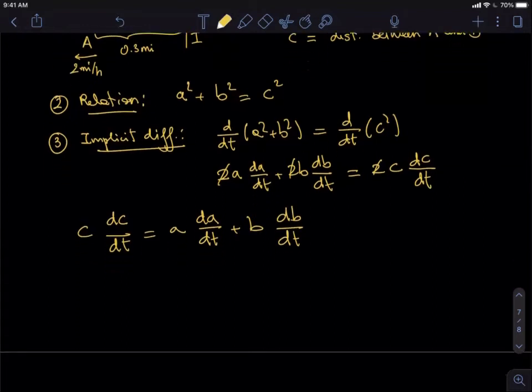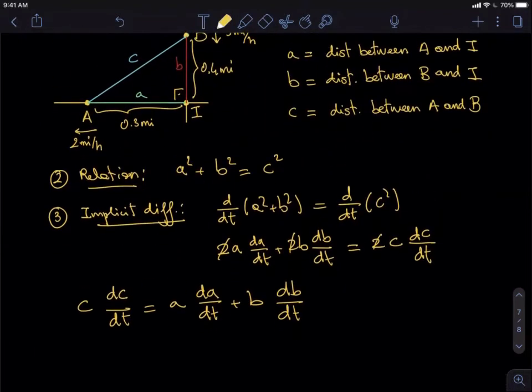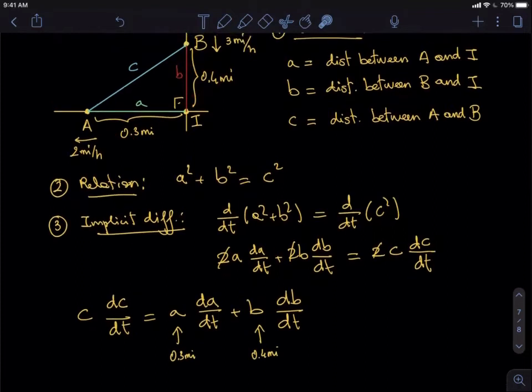That's step number 4: see what we have. So let's look again at the information. We are told that a is 0.3 miles, b is 0.4 miles. We already copied that information here. And we also have the rates. Alex is moving at 2 miles an hour, moving west, and Betty is moving at 3 miles an hour.